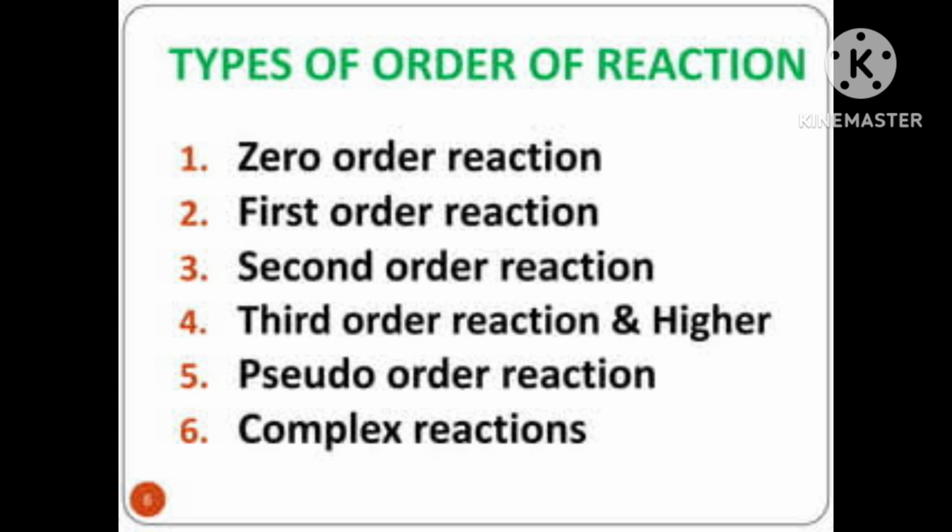Then you can write rate is equal to k times the molar concentration of chloroform times the molar concentration of chlorine. What will you write for the powers? It depends on both, so you have to write both terms.